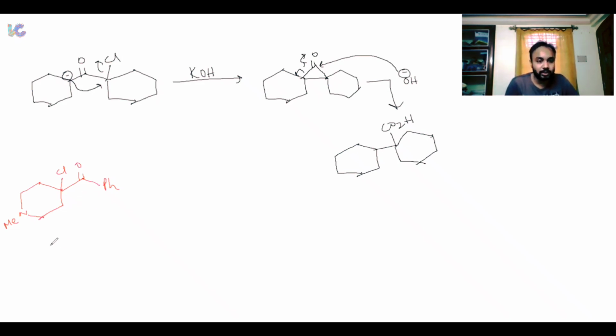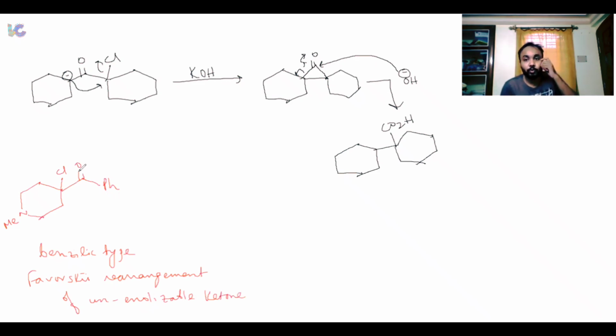So this reaction will be the quasi-Favorskii, or benzilic type, rearrangement of a non-enolizable ketone. So this ketone cannot be enolized due to the absence of alpha hydrogen adjacent to it.